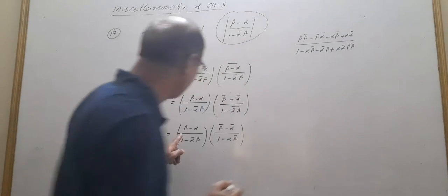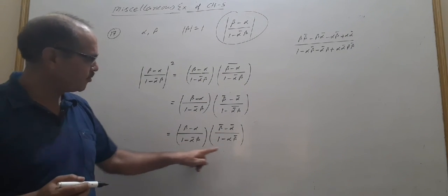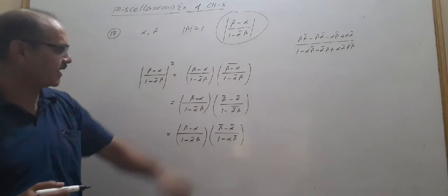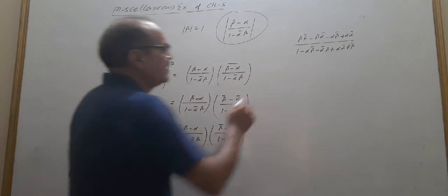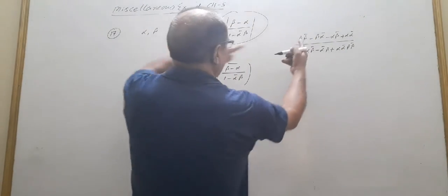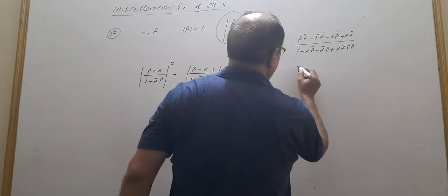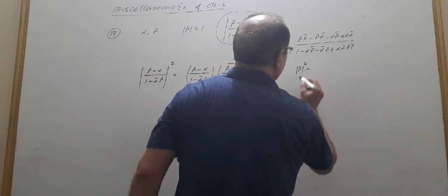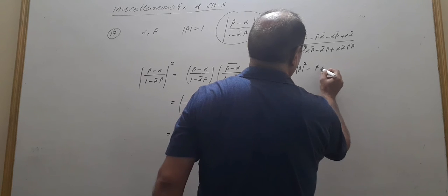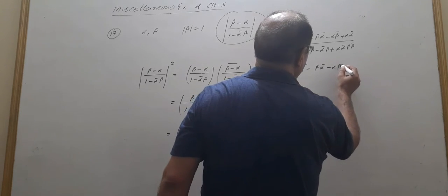I just multiply numerator with numerator and denominator with denominator and open the brackets. Now see, what is this beta beta bar? That can be written as beta magnitude square, since z z bar is equal to z mod square, and the rest of the terms as it is.